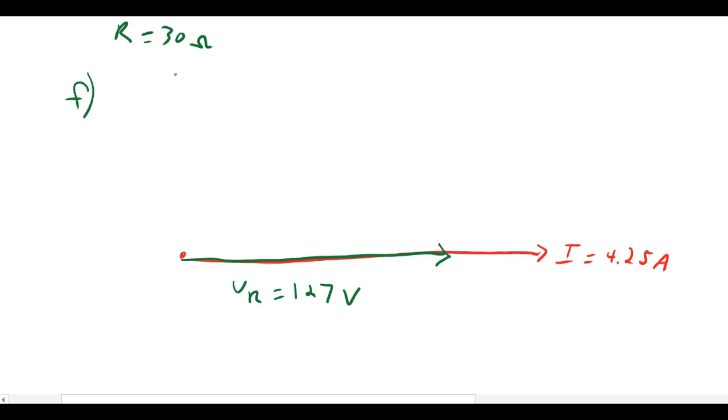VL was difficult to draw on the scale, isn't it? But VL is equal to 1282 volts.